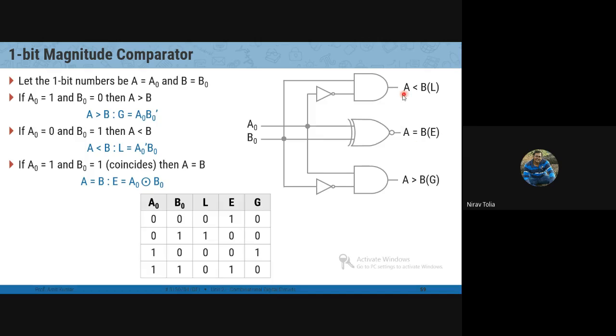What is the circuit of A less than B? A0 dash B0. So I am taking A0, connecting it with a NOT gate, so here I get A0 dash, and here I am getting B0.